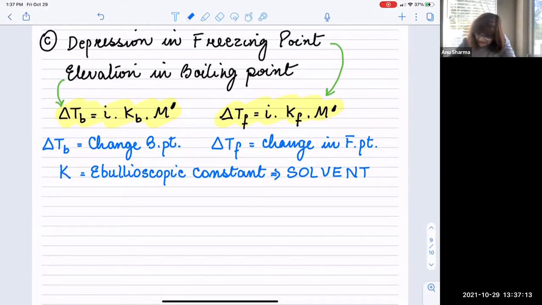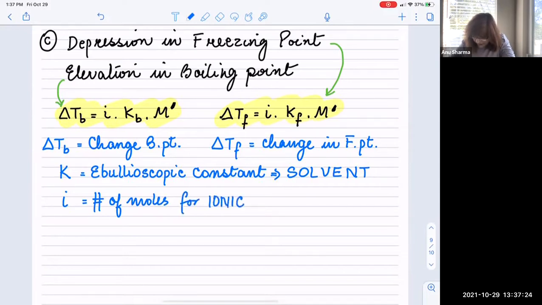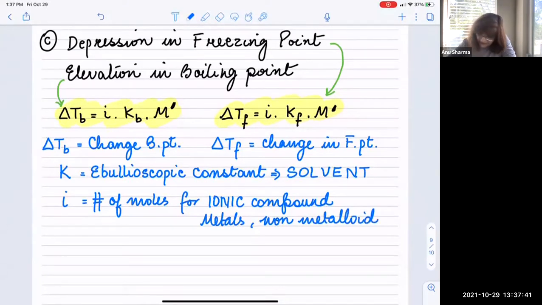Next is the value of i, which is the number of moles of particles. For ionic compounds, that is when you have metals, non-metals, and metalloids, or non-metals and metals, or polyatomic ions.